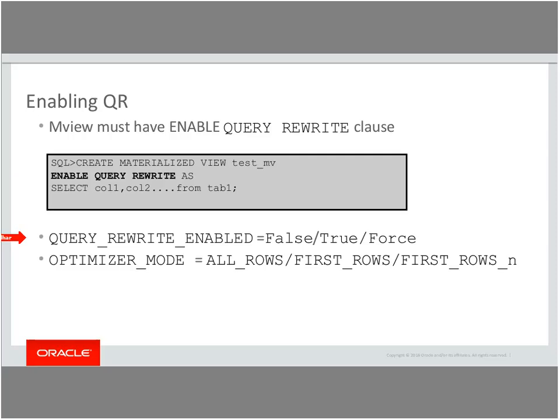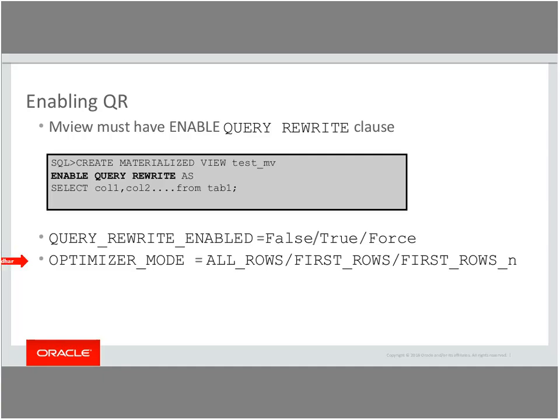If the query_rewrite_enabled parameter is set to true, Oracle costs the query with rewrite and without rewrite and chooses the method with the lower cost. This is the default one. If set to force, this directs the optimizer to rewrite queries using materialized views, even when the estimated cost of the unwritten query is lower.